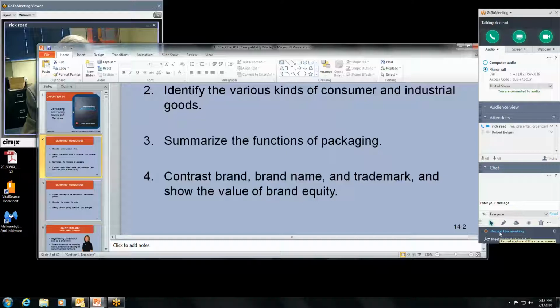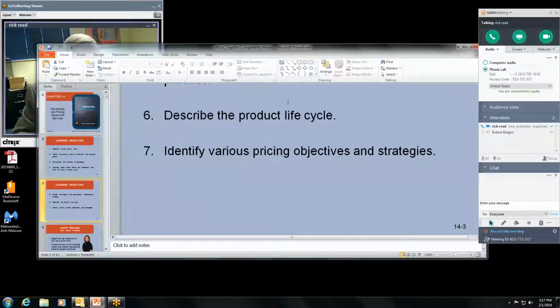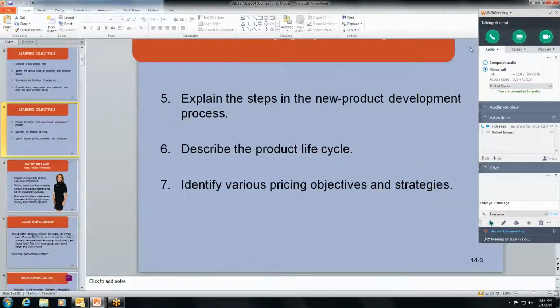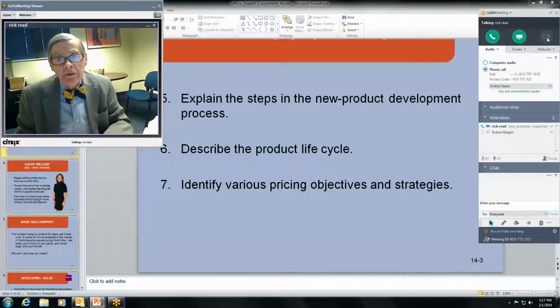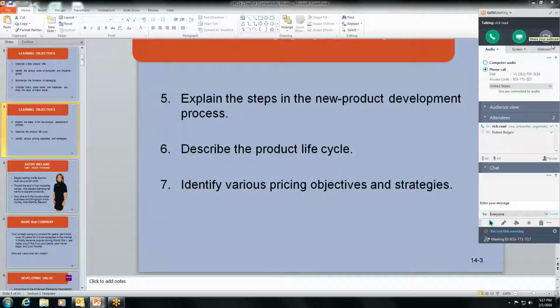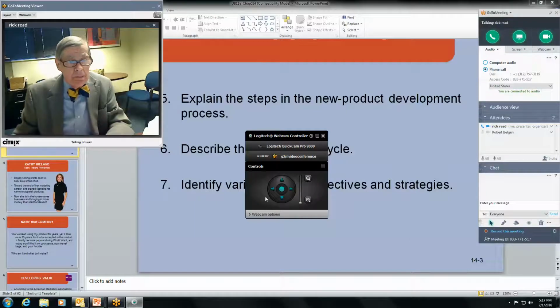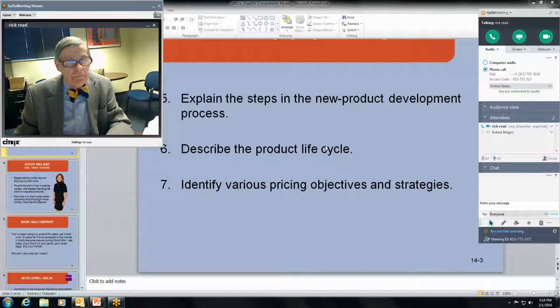Contrast brand name and trademark, and show the value of brand equity. And then again, there's one bullet you can't see. Wait a minute, I'm going to try something different. There we go, I just moved the slide up. So you should be able to see all these now. Explain the steps in the new product development process. Describe the product life cycle, and then finally identify various pricing objectives and strategies.